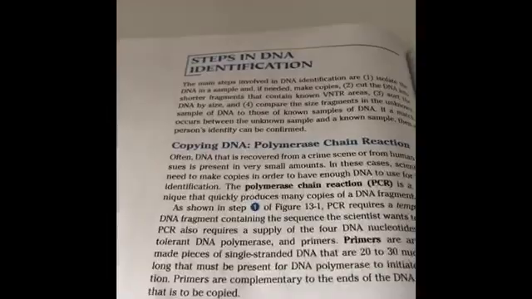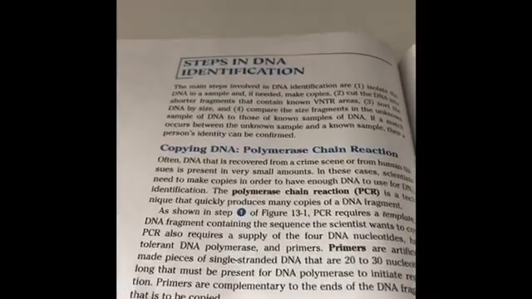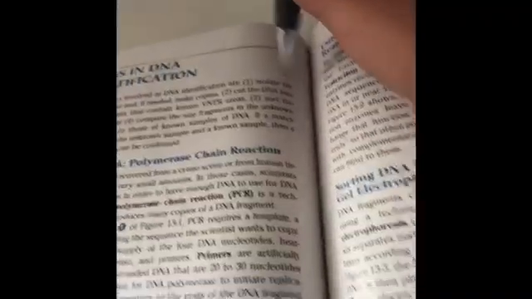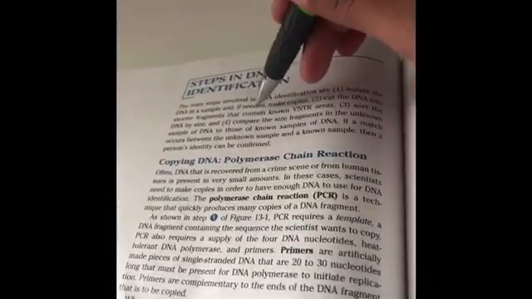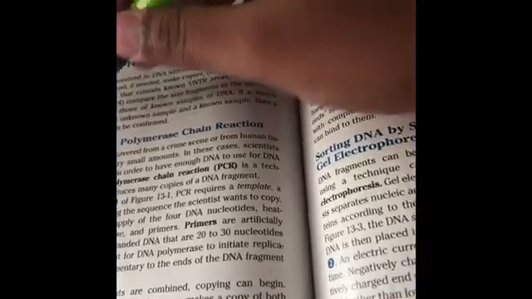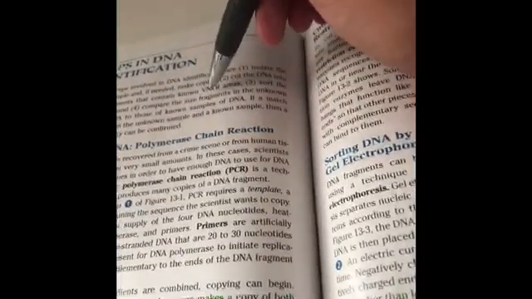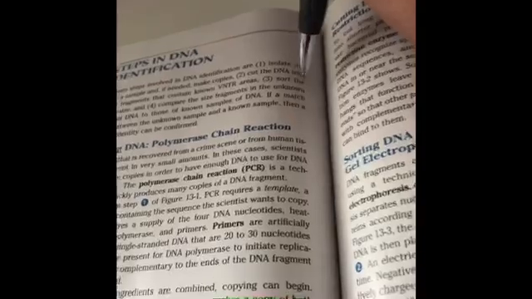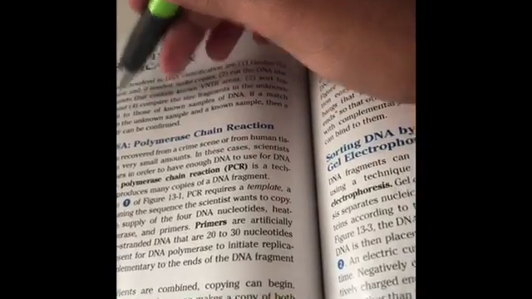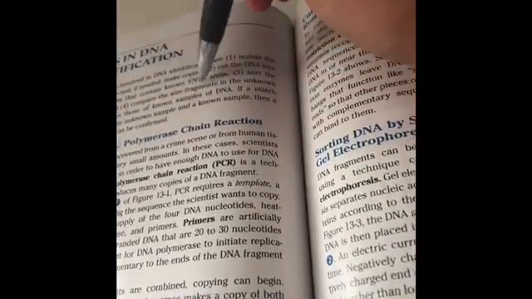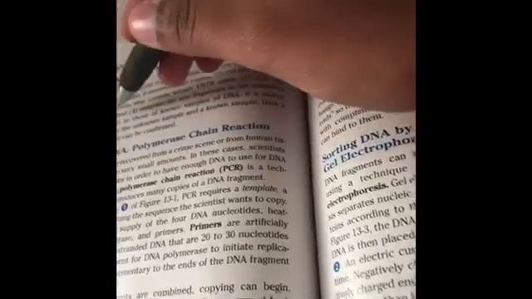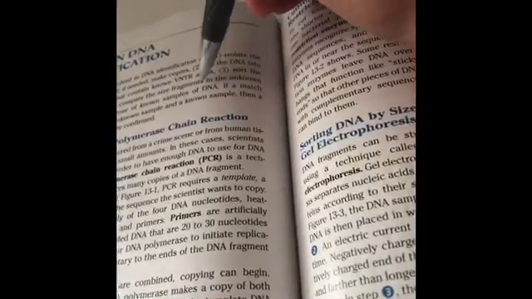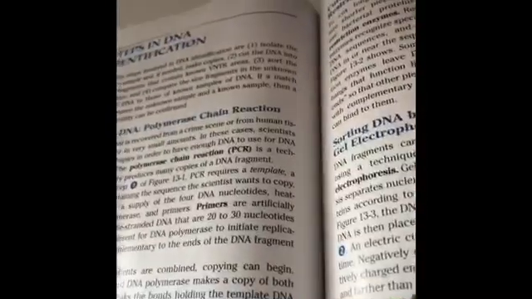So now it's steps in DNA identification. The main steps involved are isolating the DNA sample and making copies if needed. Then cut the DNA into shorter fragments that contain known VNTR areas, and sort the DNA by size. And number 4 is to compare the size fragments in the unknown sample of DNA to those of known samples of DNA, and that's basically how you identify the DNA.